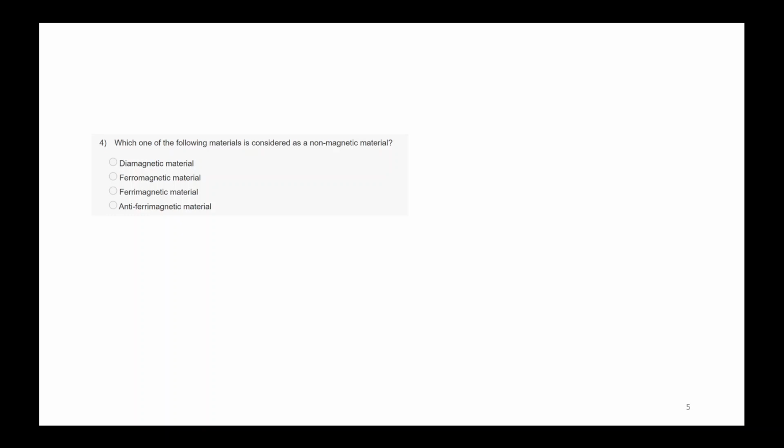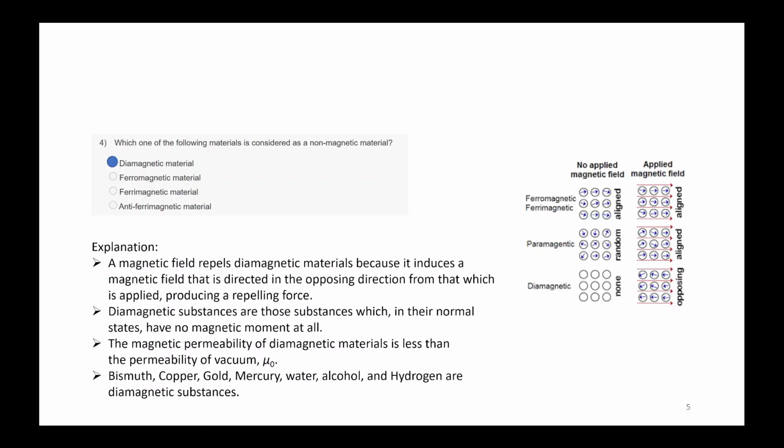Question number 4. Which one of the following materials is considered as a non-magnetic material? Your options are diamagnetic material, ferromagnetic material, ferrimagnetic material, or antiferromagnetic material. Answer will be A, diamagnetic material.